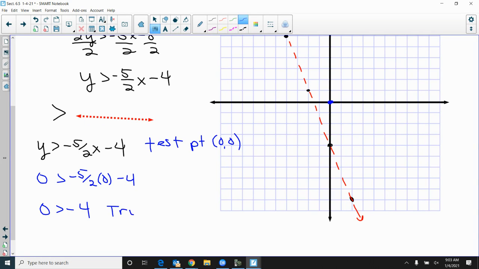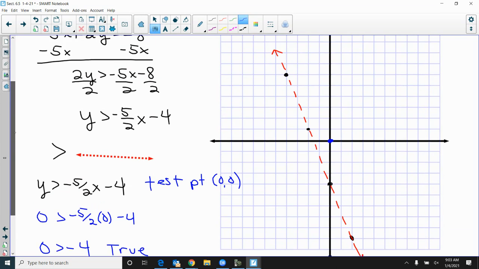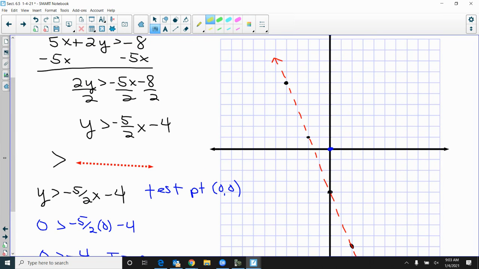So since it is true, you want to shade that side. All the way down that line, every point on that side will make this true.